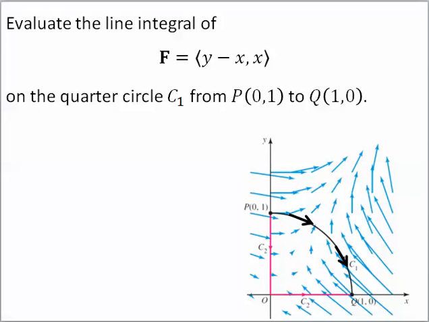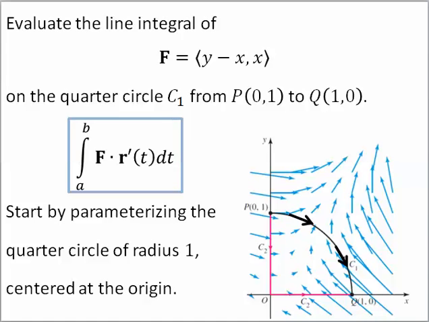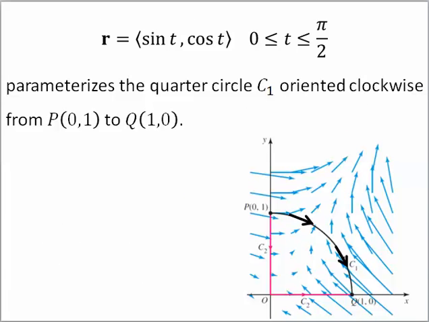Let's evaluate the line integral of F on the quarter circle from P to Q. We will start by parameterizing the quarter circle of radius 1 centered at the origin. Sine t, cosine t parameterizes the quarter circle oriented clockwise from P to Q.